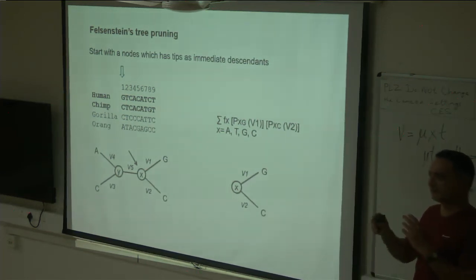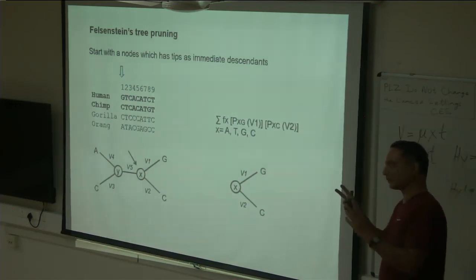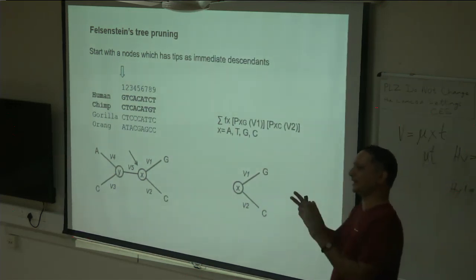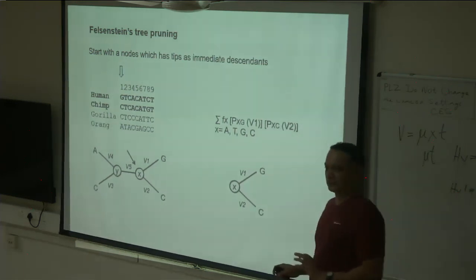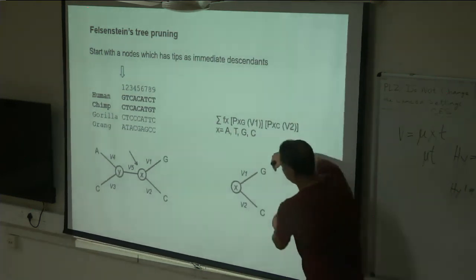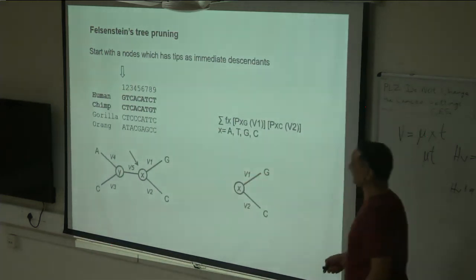So what we have done, for one particular topology and one particular site, is take just one part of the tree to understand this, and we'll calculate from tip to the root.